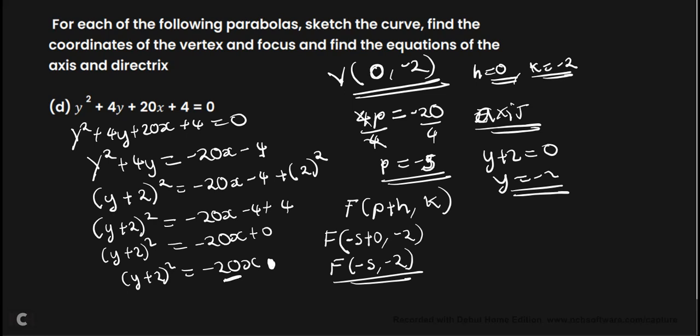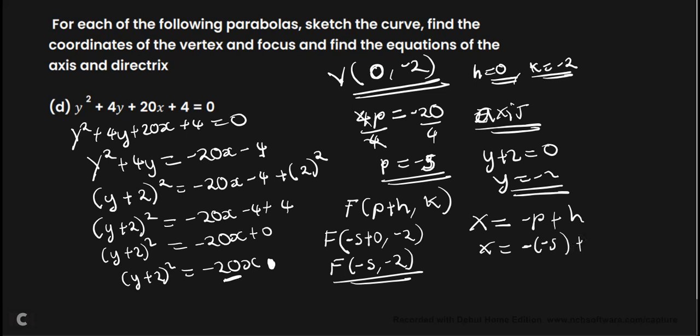So the directrix will be moving in the x direction, right? So it will be x equal to negative p plus h, like that. What was p? It was negative 5, so you put negative 5 there, right? Then plus what was your h?